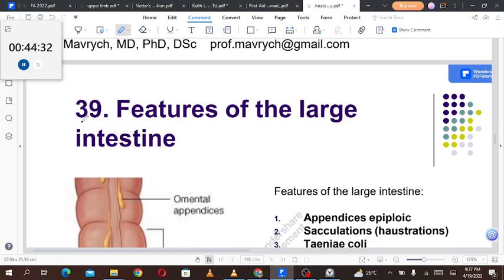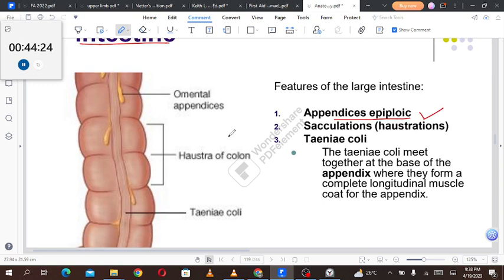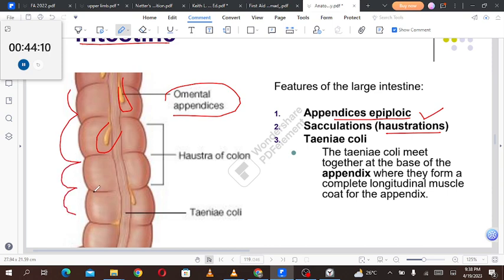Then we have point number 39, about the features of the large intestine. So let's look at them. The features of the large intestine are the appendices epiploicae. These are omental projections, so you may see those yellow projections coming out of it. Then sacculations or haustrations, like this one, like this. These are because of the contraction of the tinea coli.